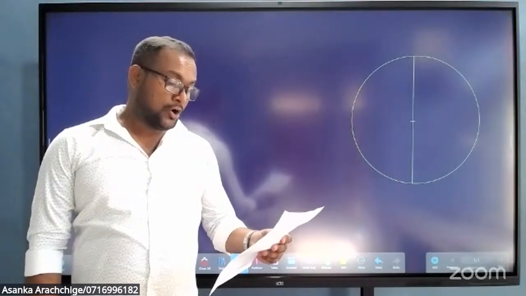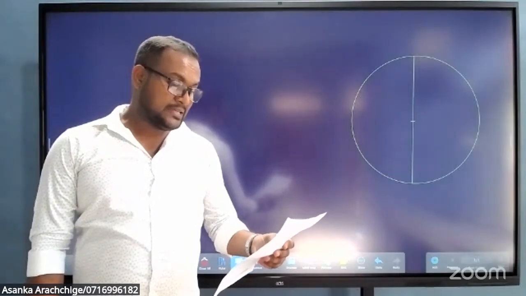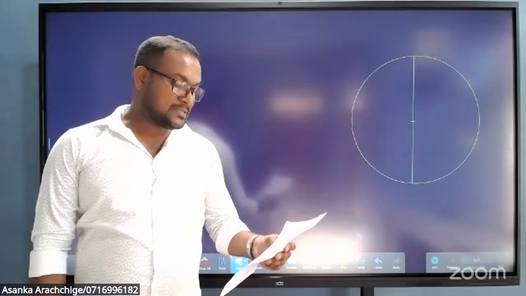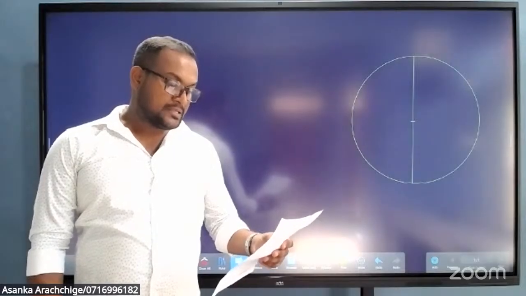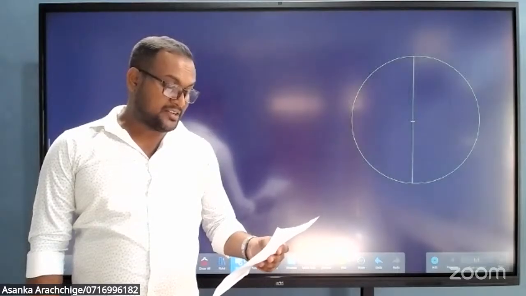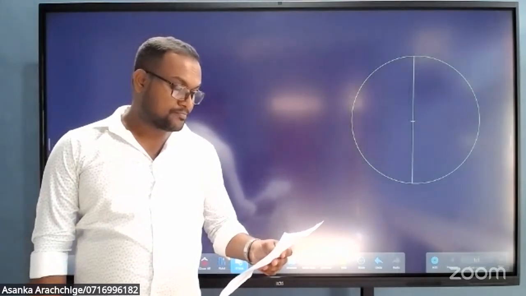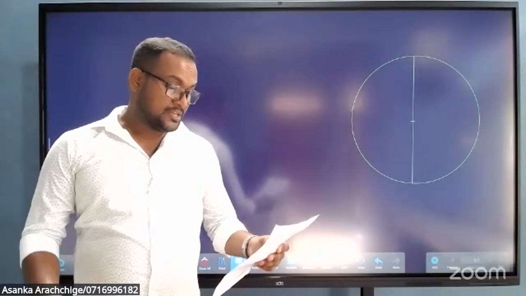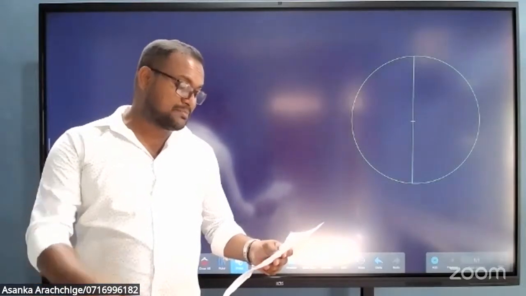CD is a chord which is bisected at X by AB.